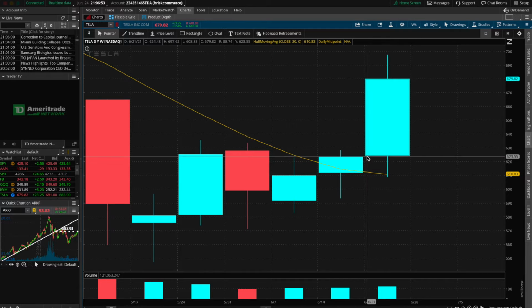So right here, you can see that at the bottom of this rectangular shape, the price opened at $624.03. Also keep in mind that you're looking at the weekly time frame. So when the week started on June 21st, the price opened at that $624 value that I mentioned before.